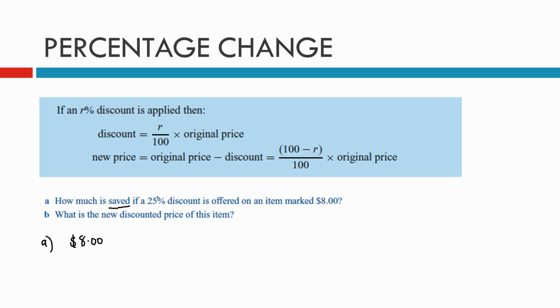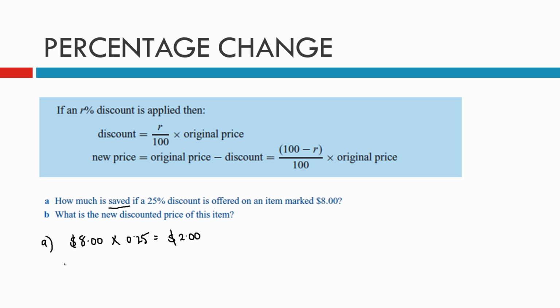I've got to work out what 25% of $8 is, don't I? So in order to do that, again, the same sort of thing we were doing before, of means times: 25% is 25 divided by 100, which is 0.25, and that will give me an answer of $2. You can work this out on the calculator. However, a quarter of 8 is 2. So that would be our discount.